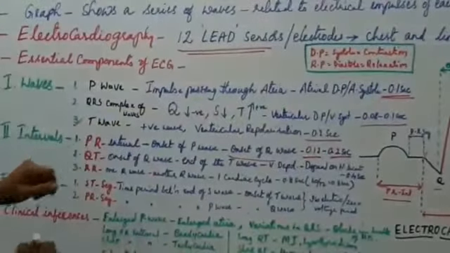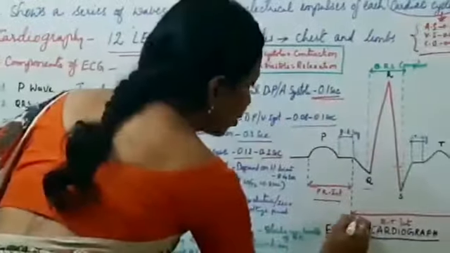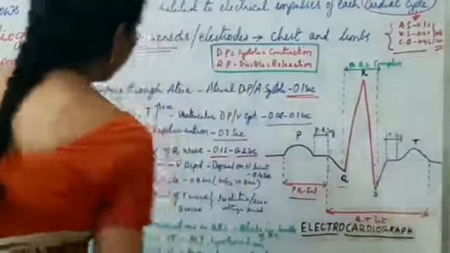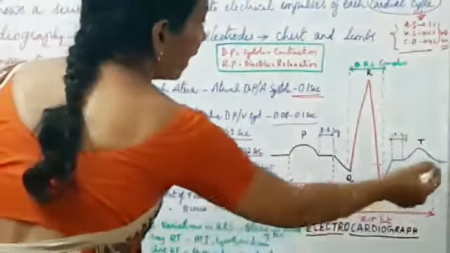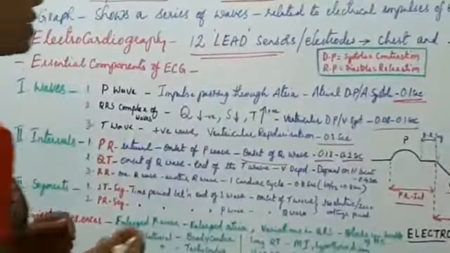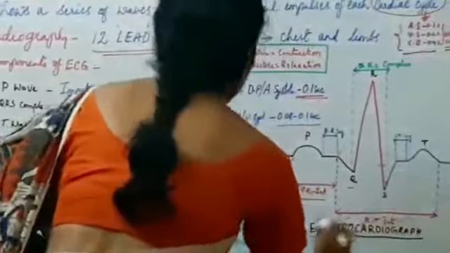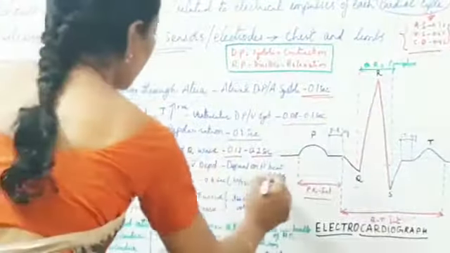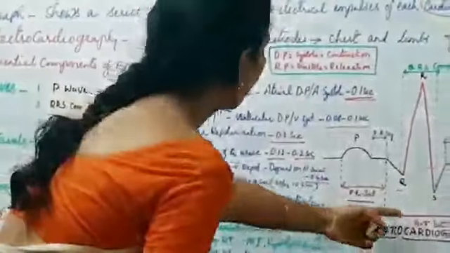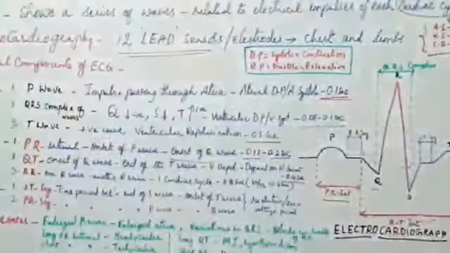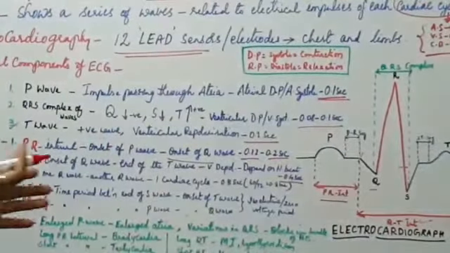Then the QT interval. This is the QT interval gap. That is from the onset of the Q wave to the ending of the T wave. Up to that, the interval is called the QT interval. It takes almost 0.4 seconds. That is nothing but ventricular depolarization, which depends on the heartbeat.